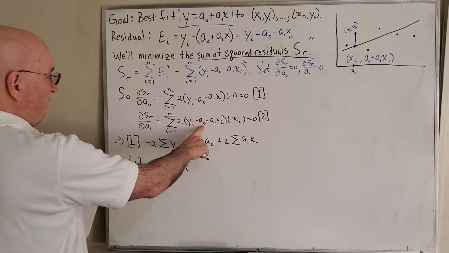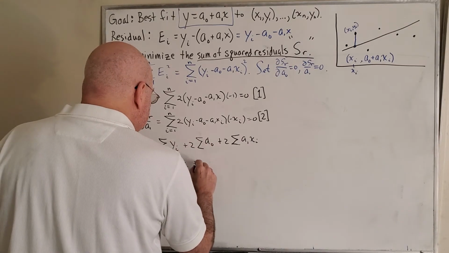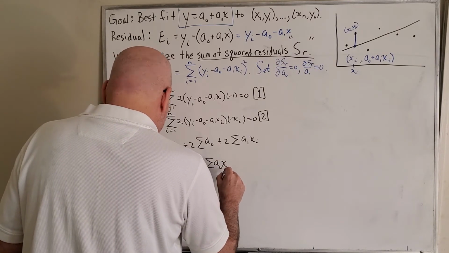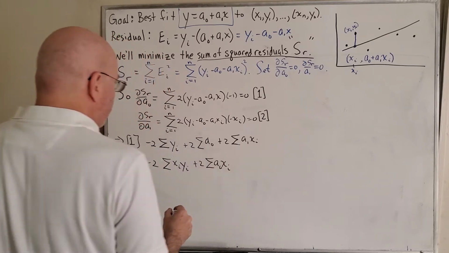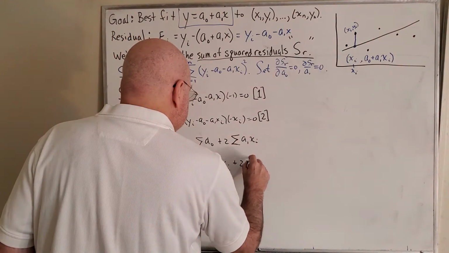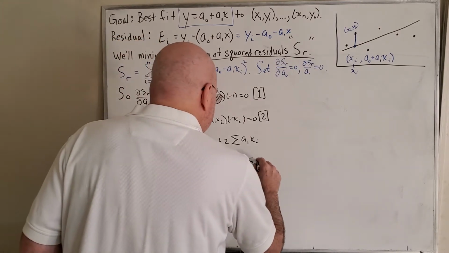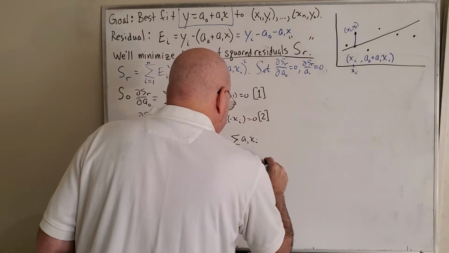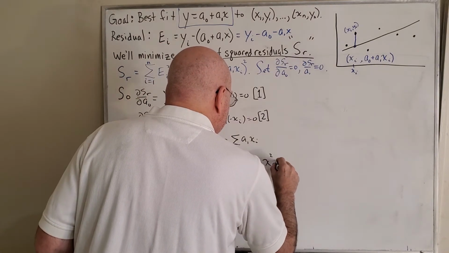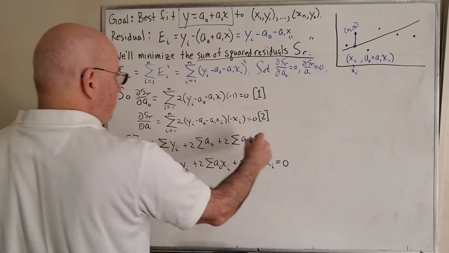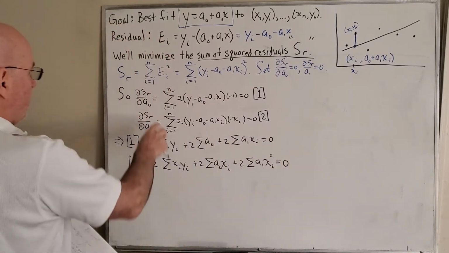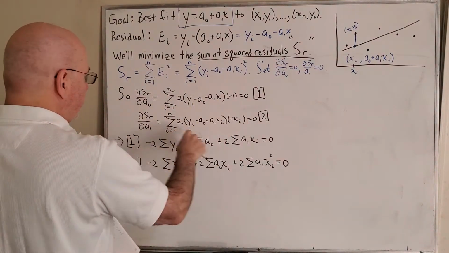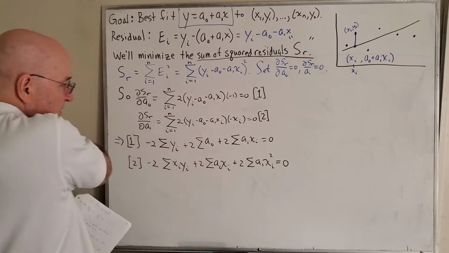And now we're going to get a sum involving this one. Plus 2 times the sum of A0xi. And the third one is plus 2 times the sum of A1, this time it's going to be xi squared. And I left off the equals 0 in the first equation. So all we did is a little bit of algebra on this equaling 0 here, and on equation number 2 equaling 0 right there.